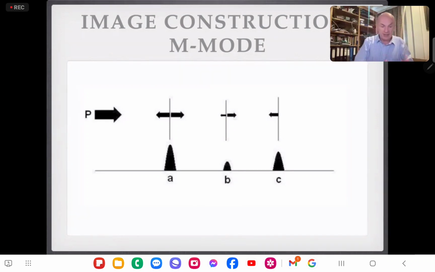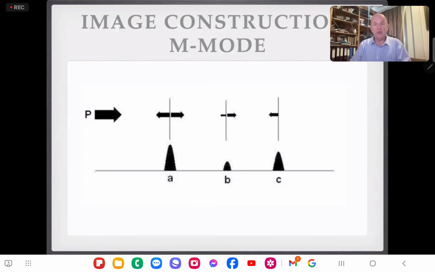And what the machine does is it times how long it takes between the bip leaving the scanner and the bip coming back to the scanner. So it might say the first one took 2 seconds, the second one took 3 seconds, and the third one took 4.5 seconds to get back.